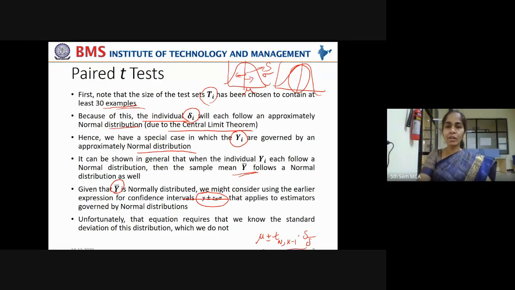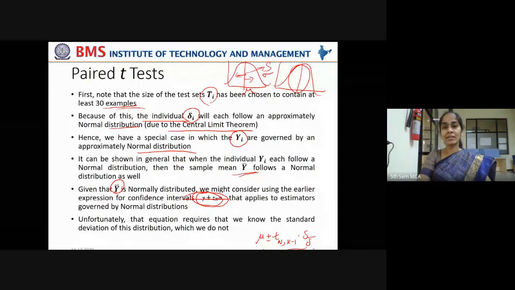Because delta bar follows a normal distribution, why don't we write it directly as y plus or minus z and sigma, to make our representation more familiar and easier to understand, which applies to estimators governed by the normal distribution.